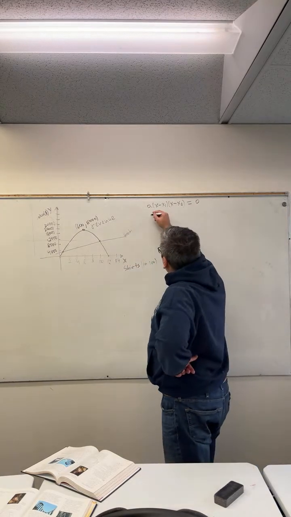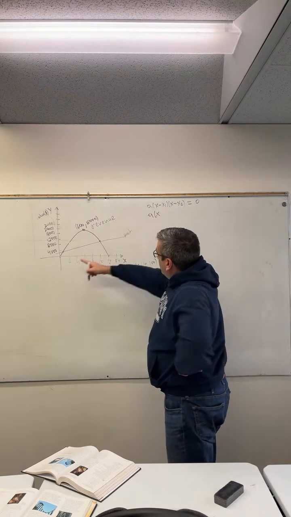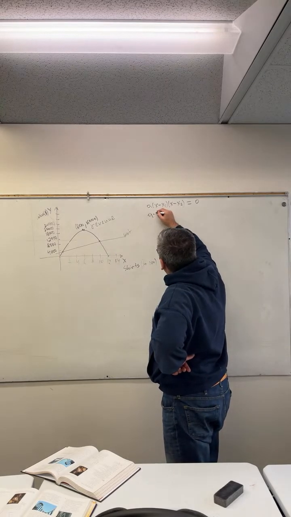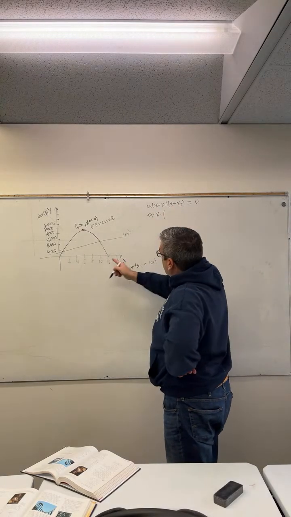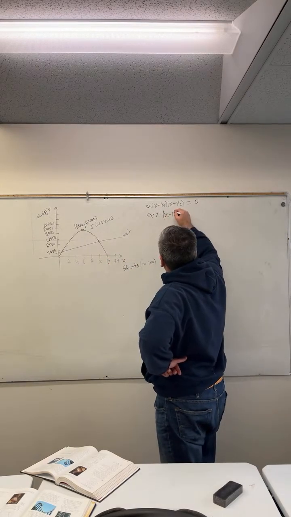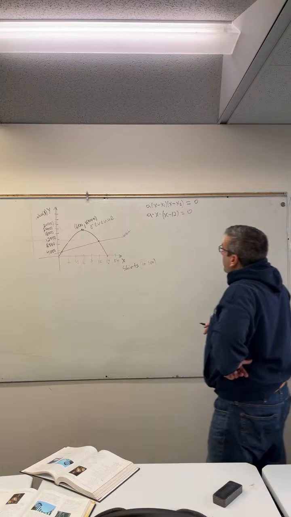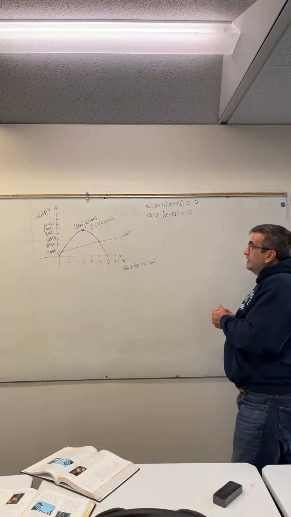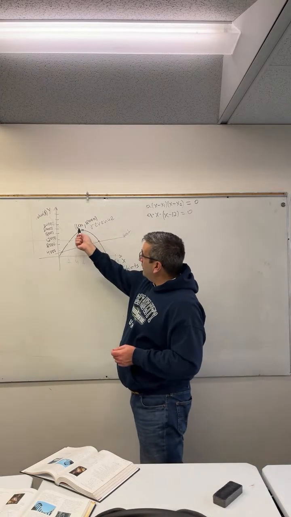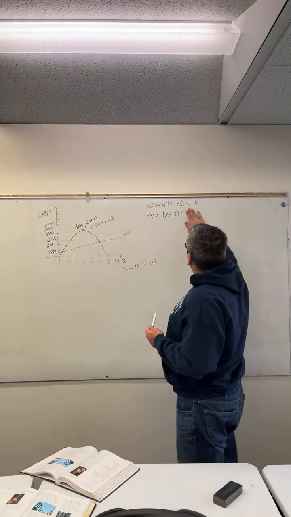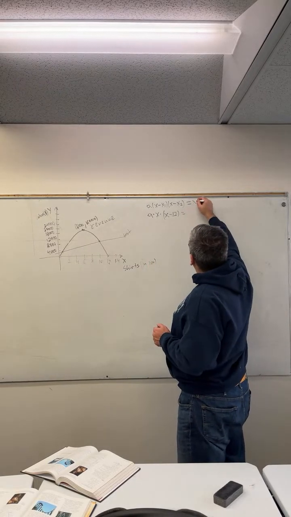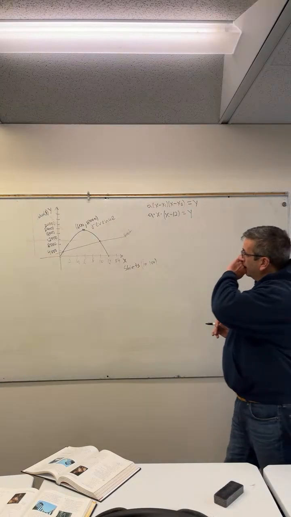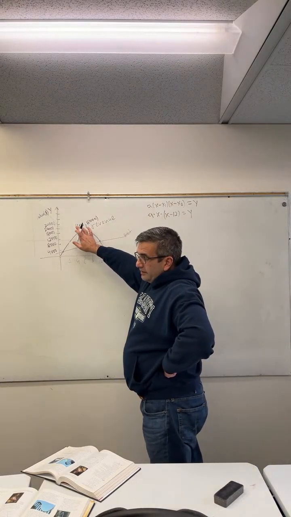So it will be a times x minus 0, which will be just x. And the second factor will be x minus 12. So what are we missing? A. How to find A? For that purpose we use the point, the vertex, 16,000.